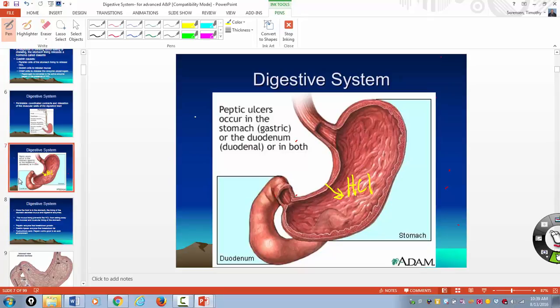So just as a quick reminder, if we take this little picture right here, we make it a cell of your GI tract, a parietal cell.